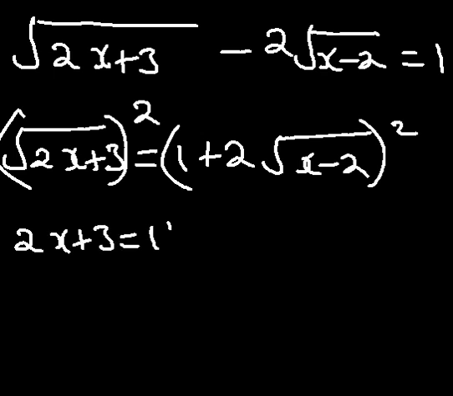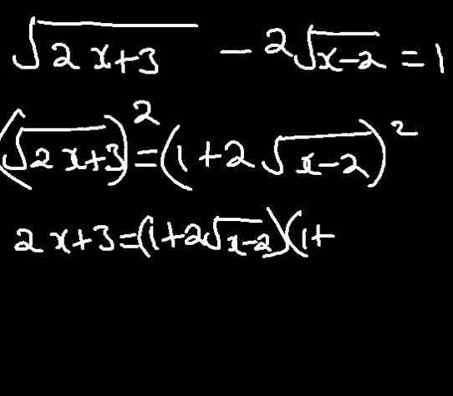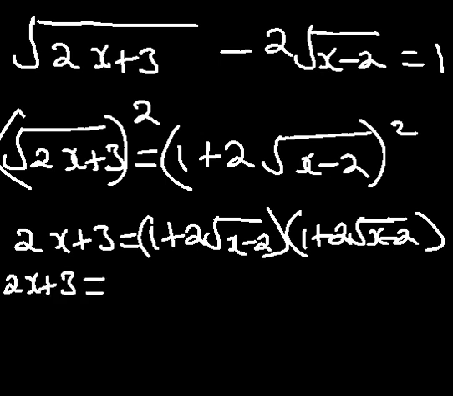That is equal to 1 plus 2 times the square root of x minus 2, times 1 plus 2 times the square root of x minus 2. Now we'll have 2x plus 3, which is equal to 1 times 1, which is 1, and 1 times 2 times the square root of x minus 2, we have 2 times the square root of x minus 2.